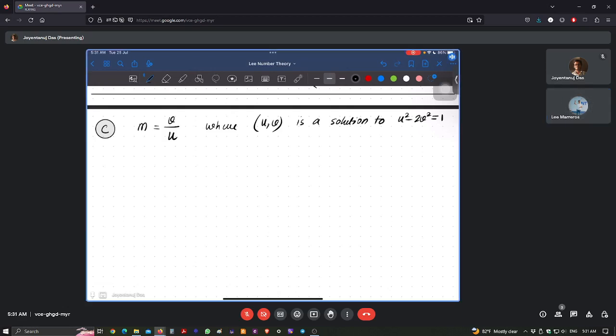Then you have to show that the other point we found in part B has integer coordinates. So we'll recall what we did.